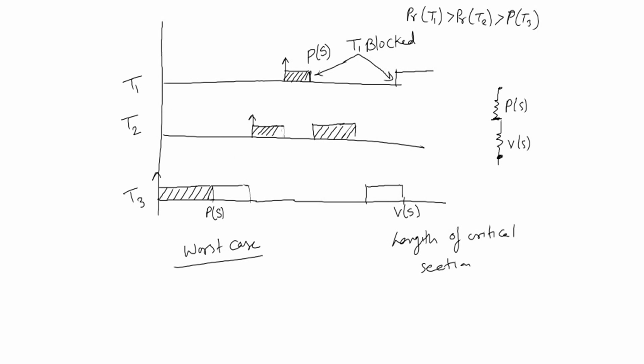So T1 has become even lowest priority. The priorities are inverted. That is called priority inversion.